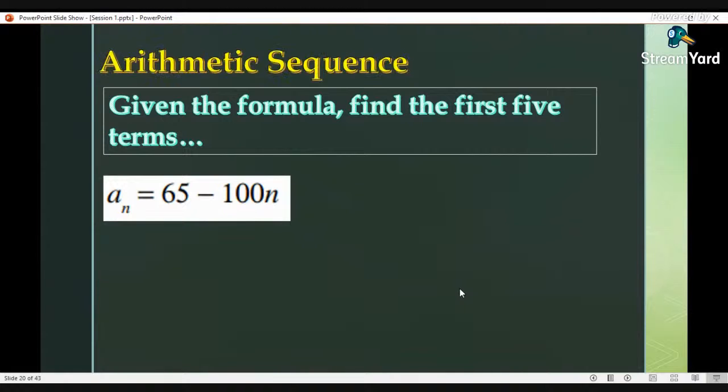Okay, find the first 5 terms of this. We have 65 minus 100n. So if we are going to solve that, all we have to do is substitute 1, 2, 3, 4, 5 in the value of n.